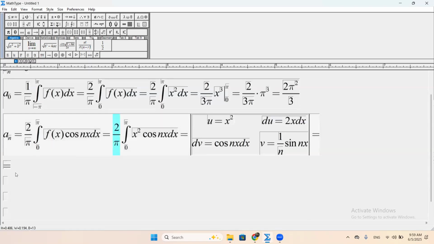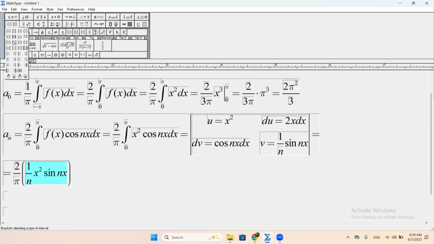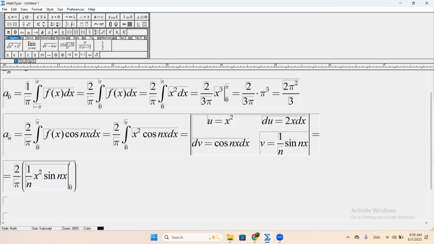And now let's substitute everything. First of all, the product of u and v with substitutions from 0 to p. First we will write down everything, and after that we will simplify.